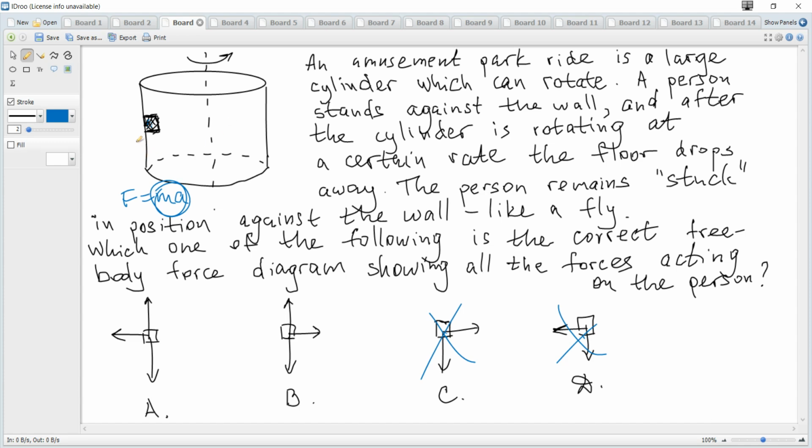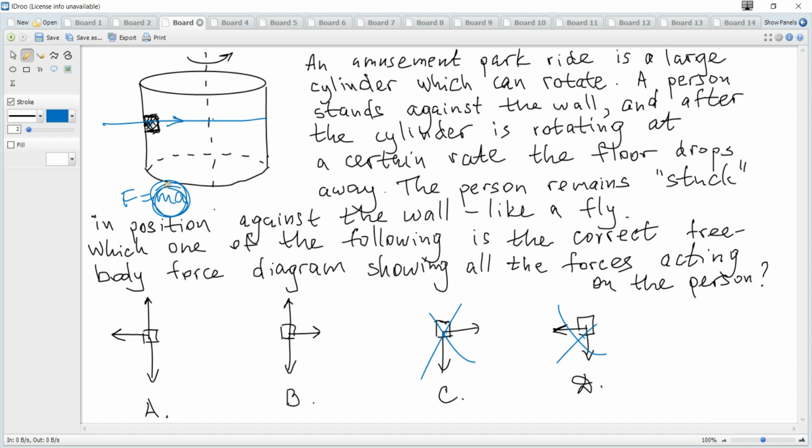But if we talk about the horizontal direction, acceleration is not equal to 0, and actually it is not in equilibrium in the horizontal direction. Why? Because since it is rotating, there is centripetal acceleration to the center, and hence there must be an unbalanced force to the center.